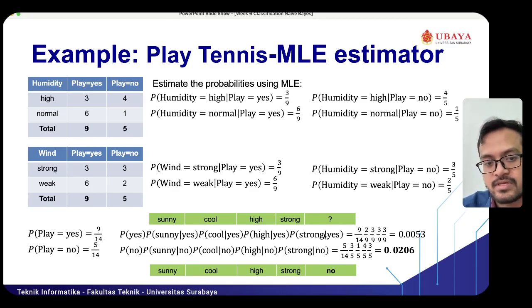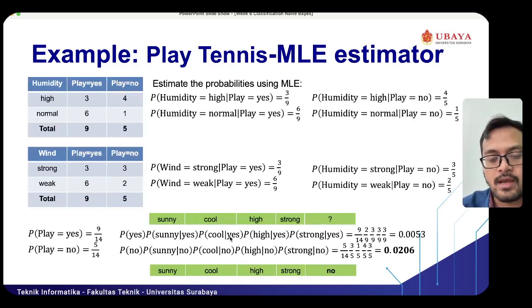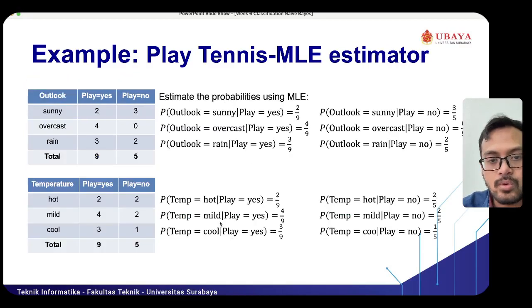And we also calculate the MLE estimator for the sunny condition: the outlook condition equals sunny and playing yes, it will be 2 divided by 9. Cool and yes, 3 divided by 9.